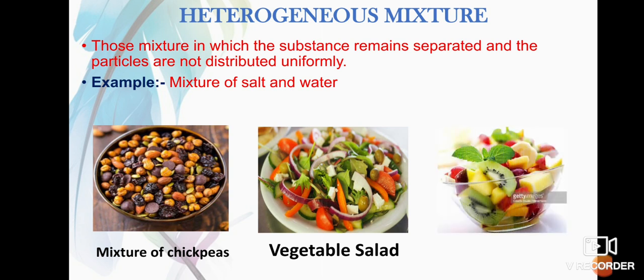Then fruit salad. We can easily see how this salad is made using different types of fruits. Okay, we can separate it. Like this, we can see so many heterogeneous mixtures around us.